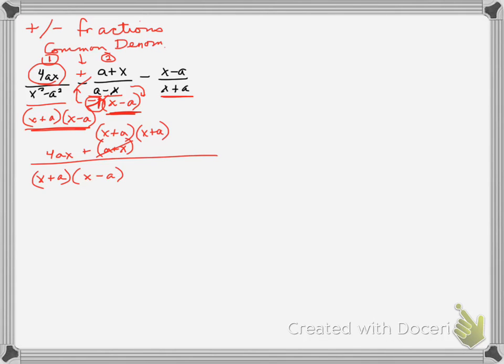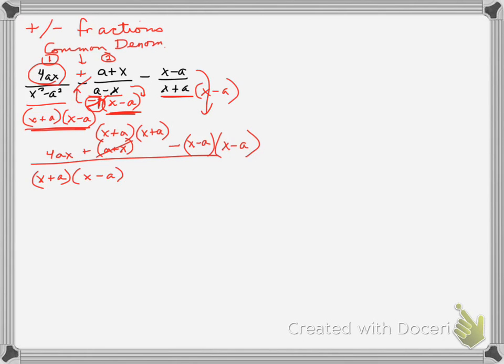See how that works? For the last one, I have x plus a. I need an x minus a, so I need minus x minus a, which is already there, and an x minus a to add to the denominator.